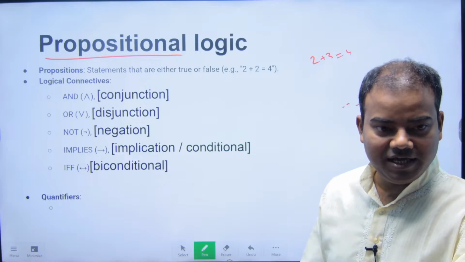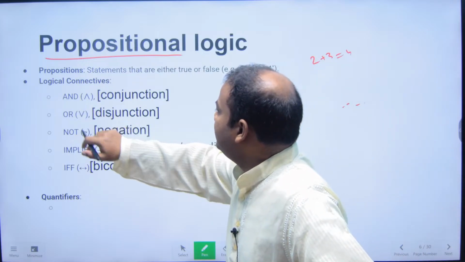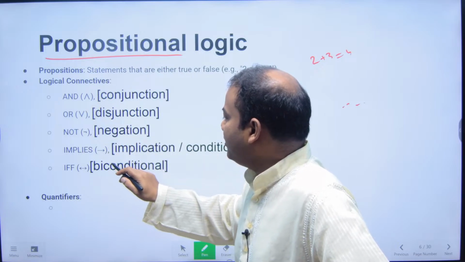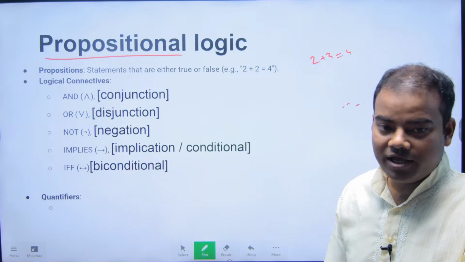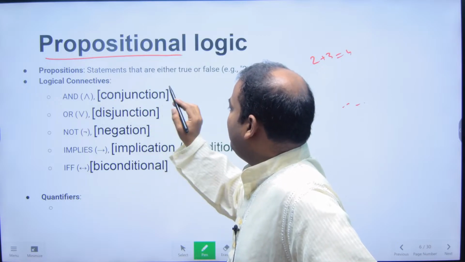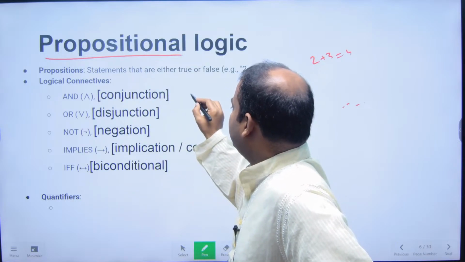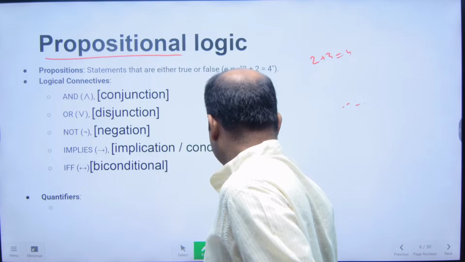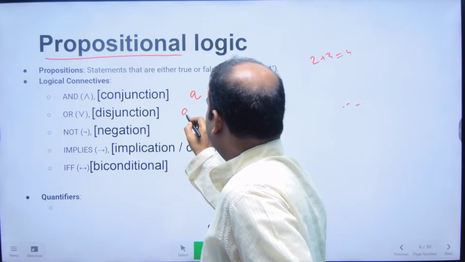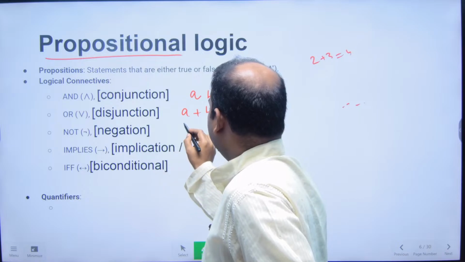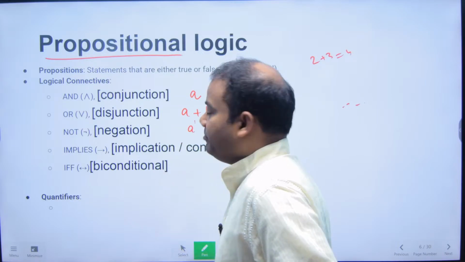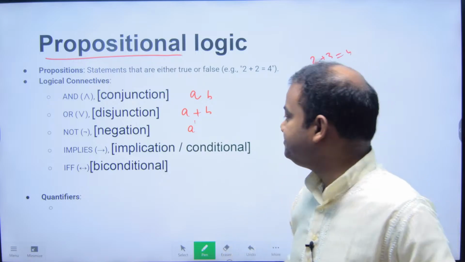Clear? Then these are the logical connectives: and, or, not, implies, if. In digital logic also, and is there. Normally we say A and B, or A plus B. Not, you can write like this, A complement in digital logic.